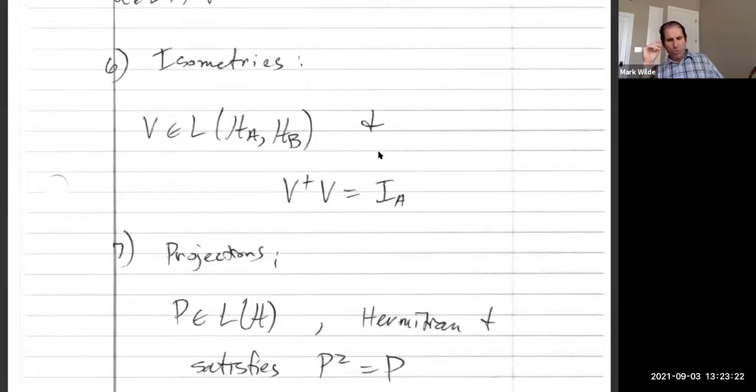Isometries will come up a fair amount because typically what we'll do to evolve a state is take the state vector and tensor in a standard vector, like the zero vector. What I mean by zero is the vector labeled by zero, not the all zeros vector.